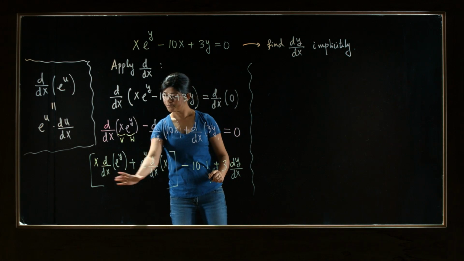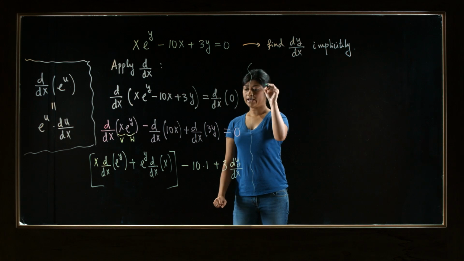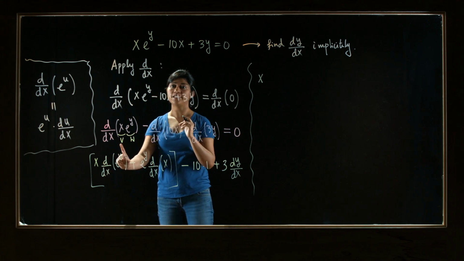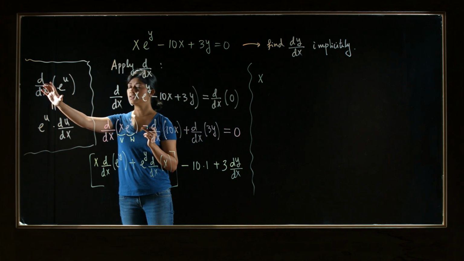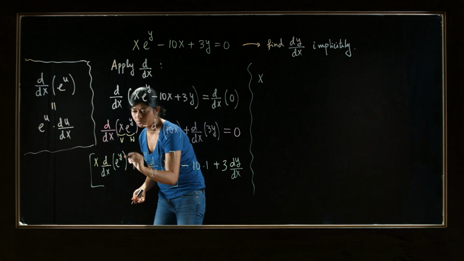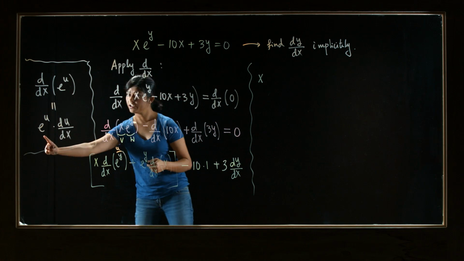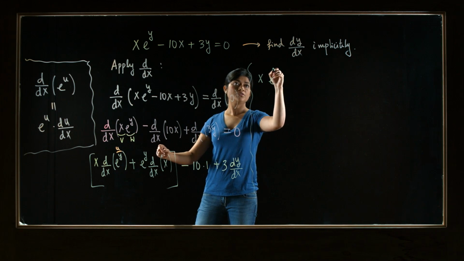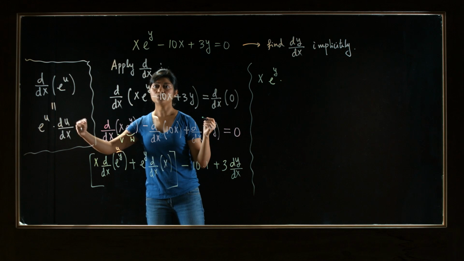Now let's simplify the first 2 terms. So we have x times, now here we have to compute the derivative of an exponential function, so go back and recall how we calculate the derivative of e to the u. Here this y is like our u. And notice what the derivative is: it is e to the u, so e to the y, and then times we have du dx.